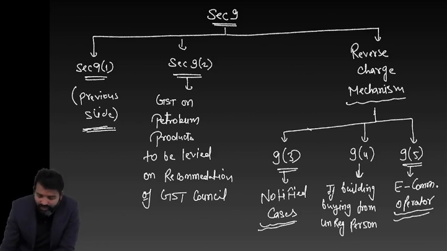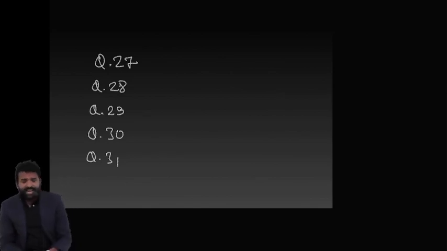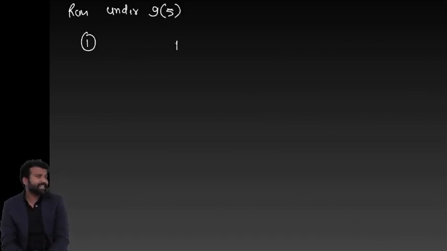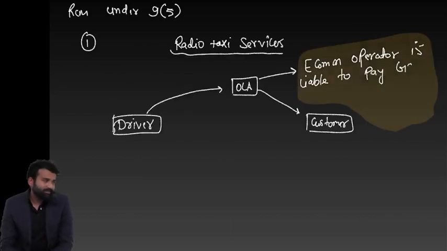Now talking about 9(5). In 9(5), it talks about RCM when goods or services are supplied through an e-commerce operator. What is the first case? The first case is radio taxi services. We are basically talking about Ola and Uber.